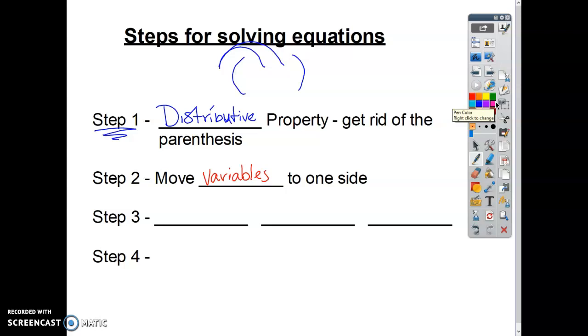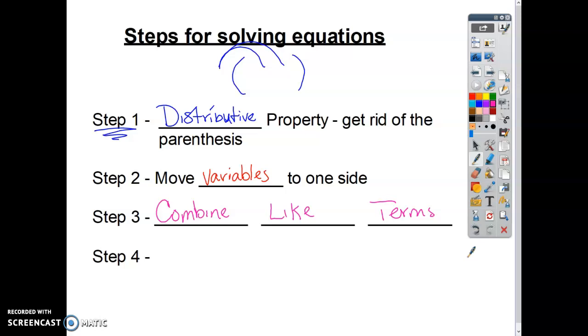Step 3 is combine like terms. Are there things that you can combine? Combine like terms. Okay, there's going to be things on the left side that you're going to combine, and there's going to be things on the right side that you're going to combine.